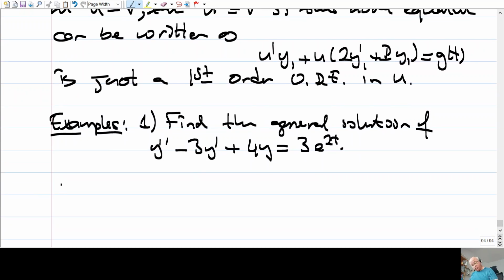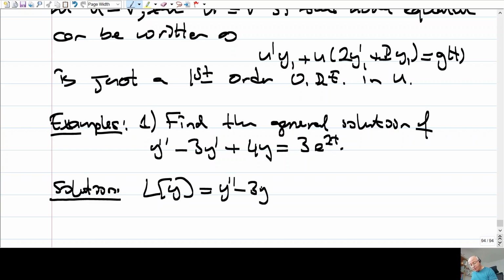Well, how can we solve this? Ly equals y double prime minus 3y prime plus 4y, and g(t) is just 3 times e to the power 2t, right?